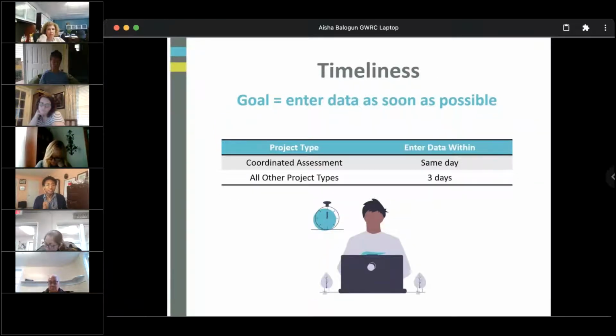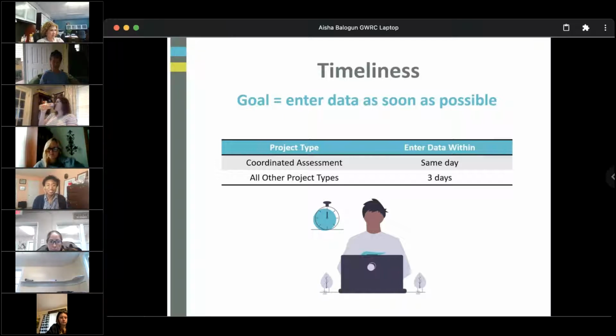Lastly, data timeliness. The goal here is just entering data as soon as possible, just so that our system is up to date and current on what our system looks like in the moment. Again, we have standards set out for us by Homeward, by our HMIS implementer, of what the timeliness standard is. So for coordinated assessment projects, that standard is same day entry.